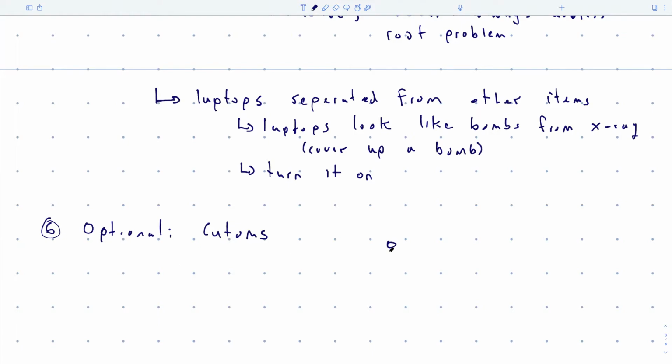Okay, so in this case, you're actually interacting with someone different. For example, if you're flying to Canada, you would interact with the Canadian Border Services.